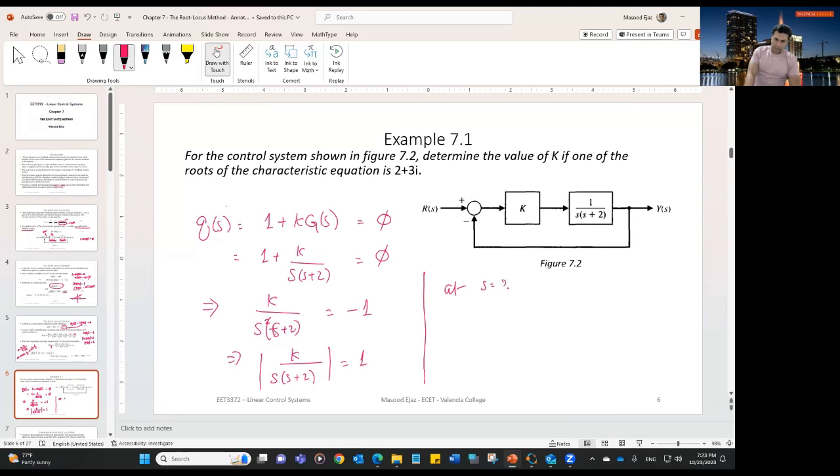At s equal to 2 plus j3, K over (2 plus j3) times (4 plus j3), since 2 plus 2 is 4. The magnitude of that equals 1.